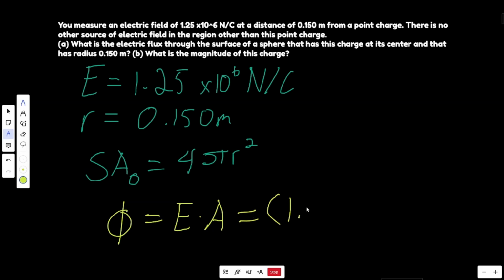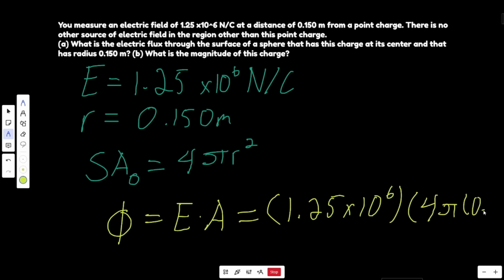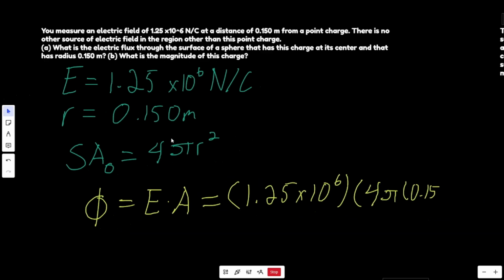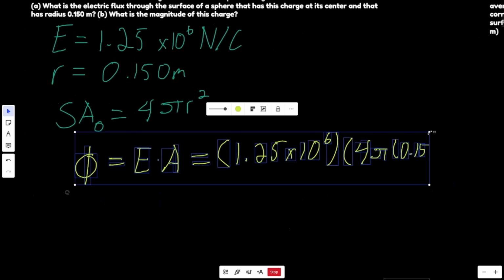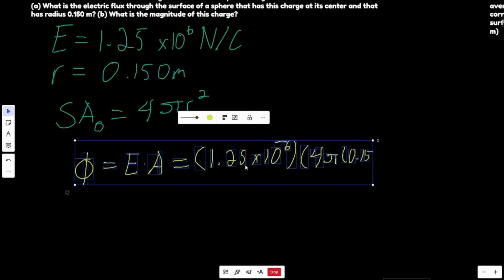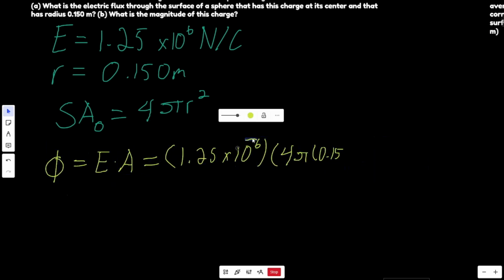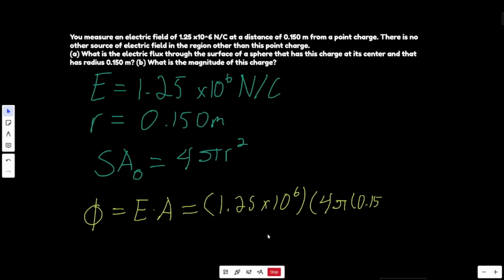So we're going to take 1.25 times 10 to the power of 6 times 4 pi times 0.15, and it's going to be squared.